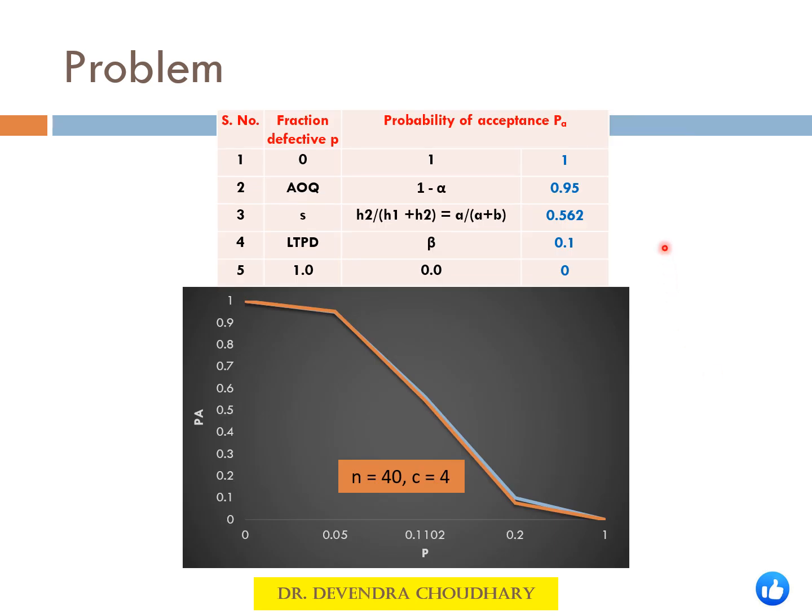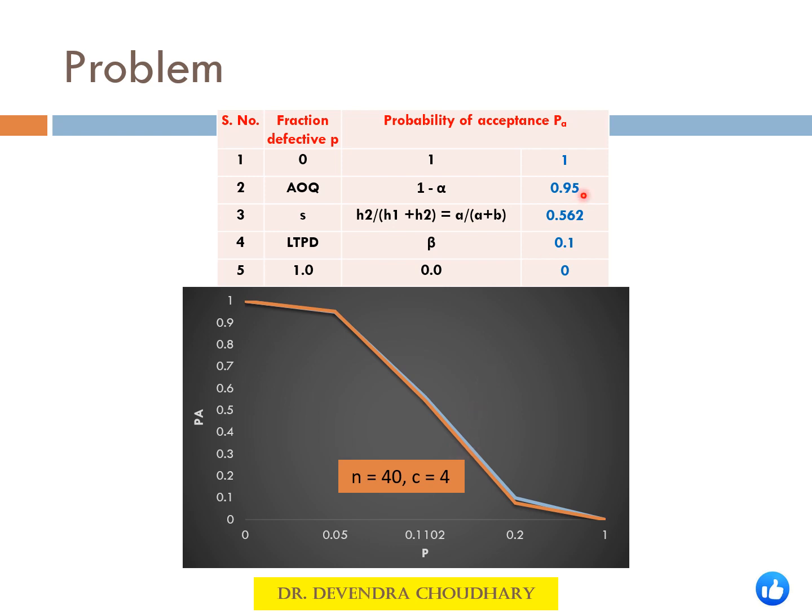Now we draw the OC curve for this given problem. We have these 4 points: fraction defective 0, AQL (acceptable quality level), S, LTPD and 1, and corresponding probability we determine, and we plot the graph.